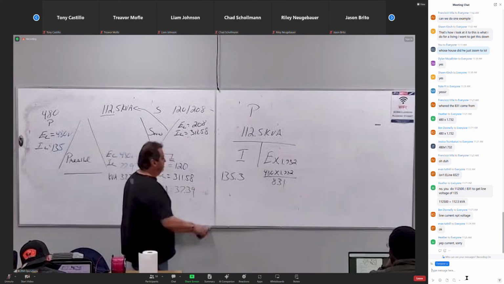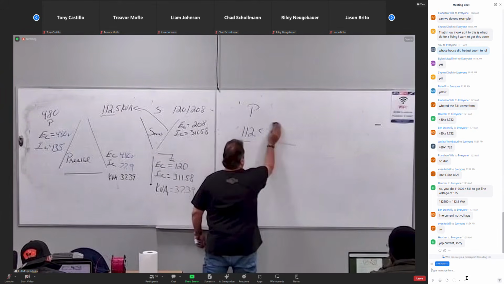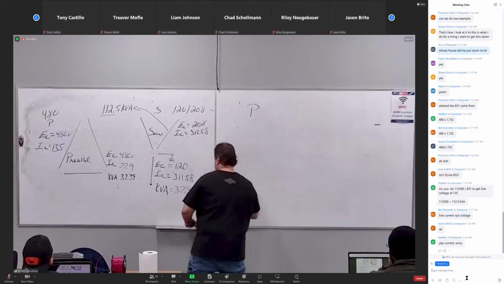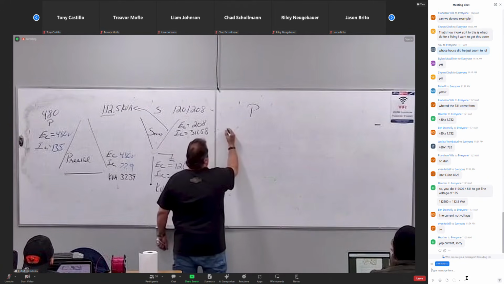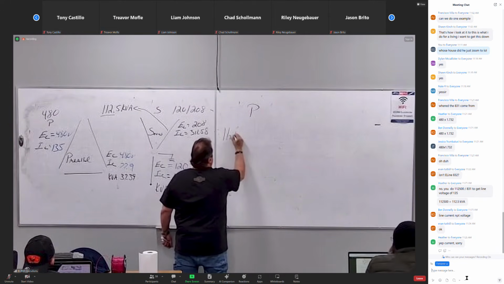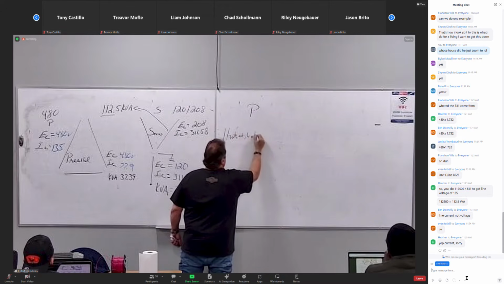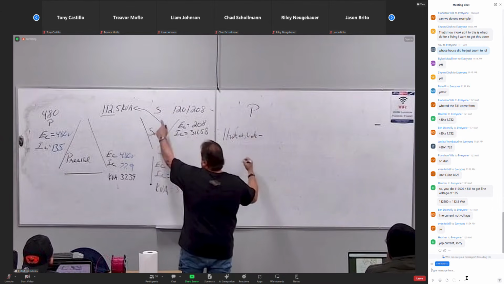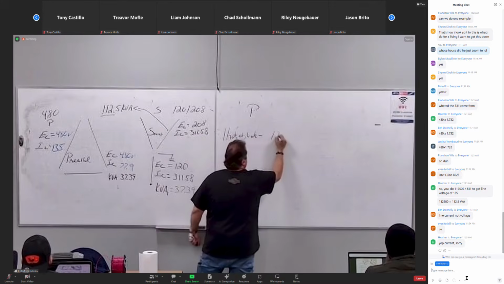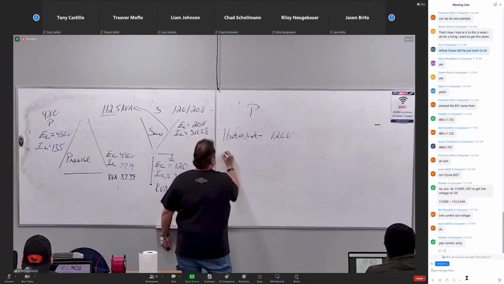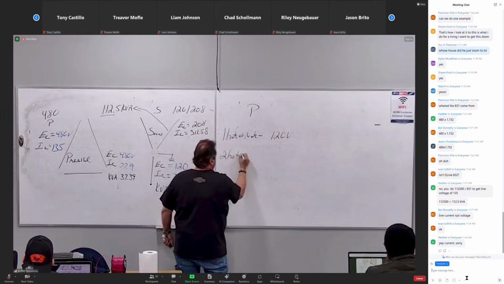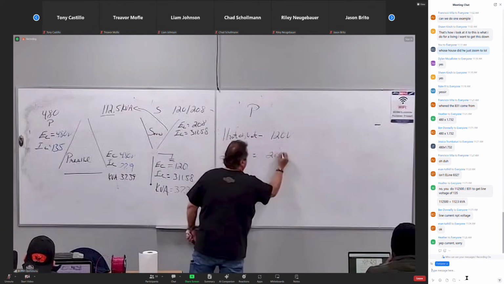But it goes back down to the point of this. If I have one hot and neutral, and we can go off of this one here, it's going to be 120 volts. If I have two hots, it's 208.